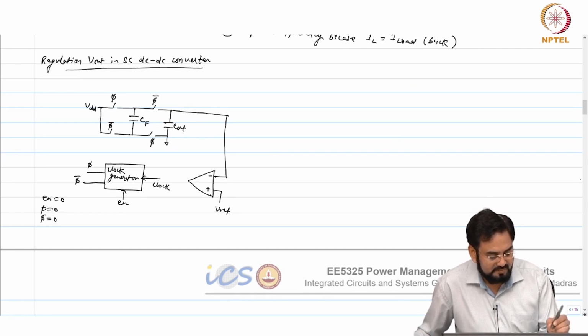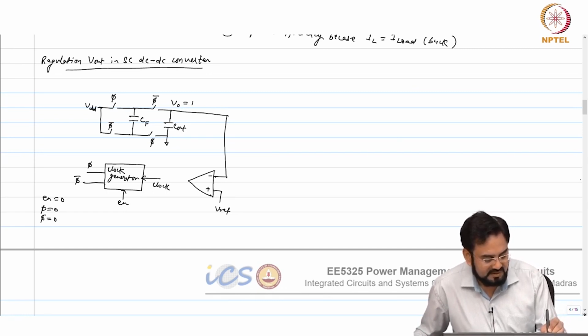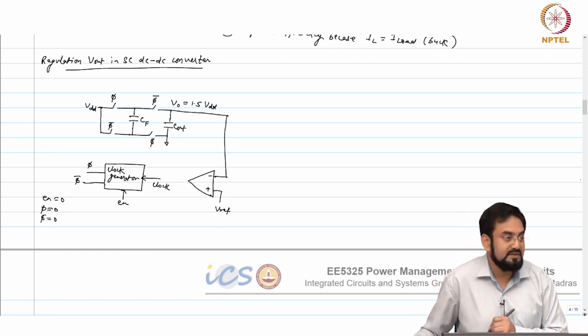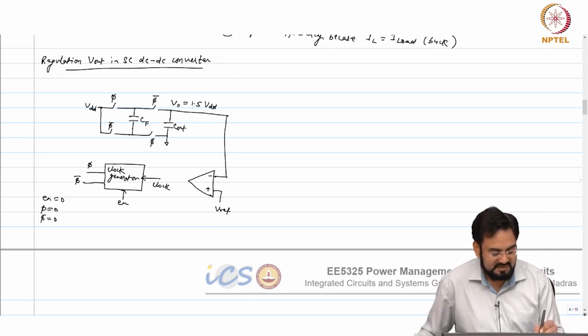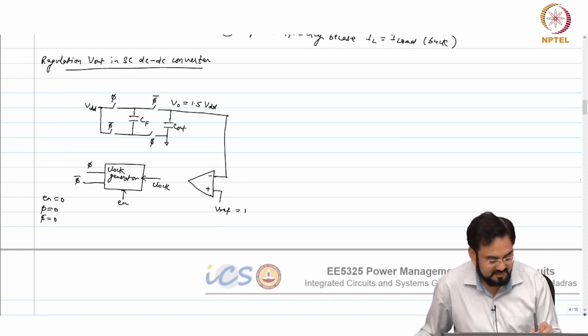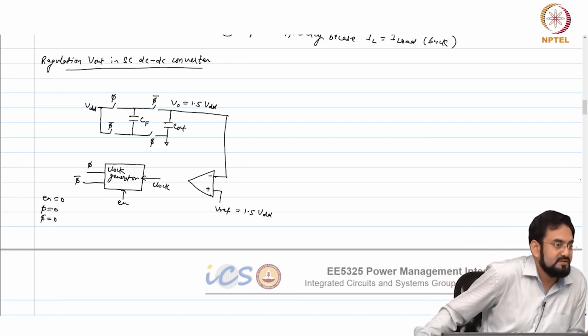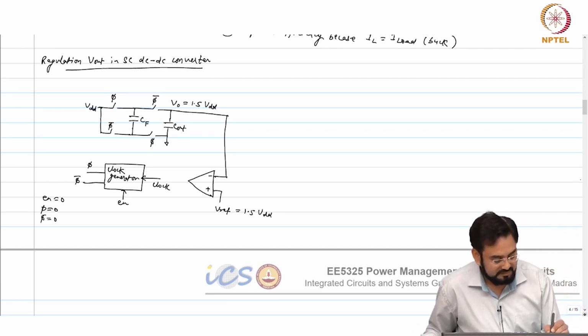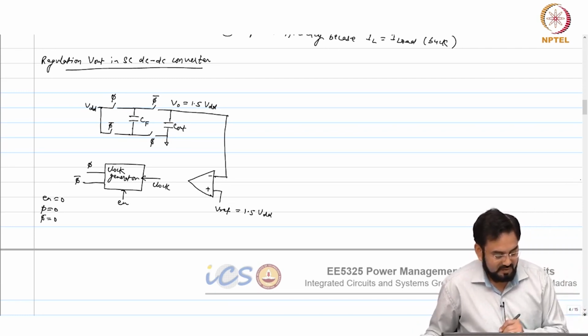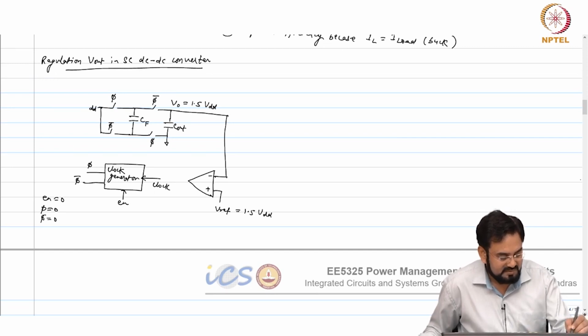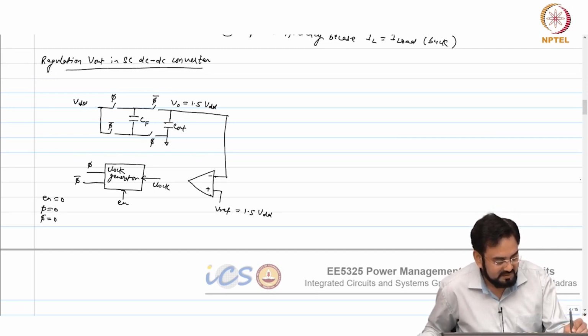So, my V out required here, let us say 1.5 times of VDD, which means VREF is 1.5 times of VDD. Okay. Or let us take some numbers, it will be better.